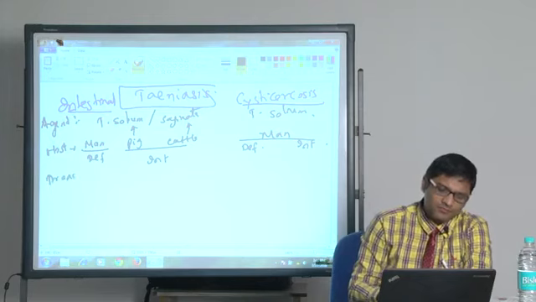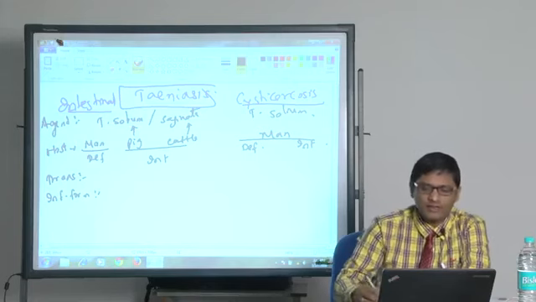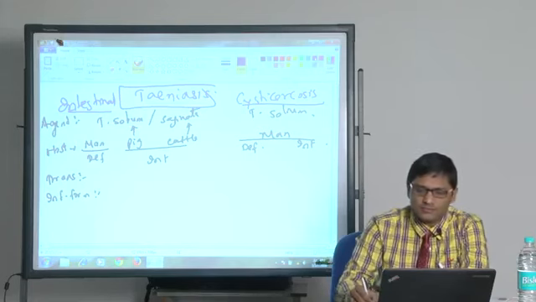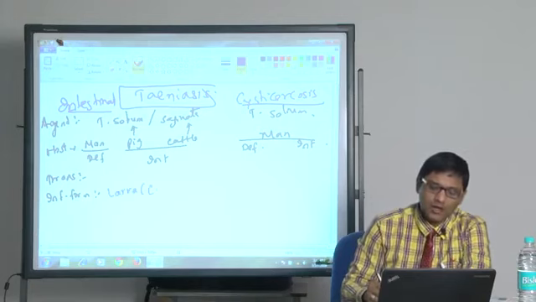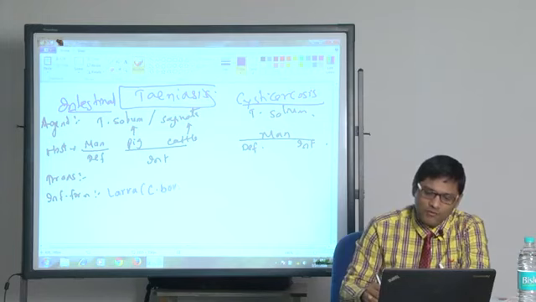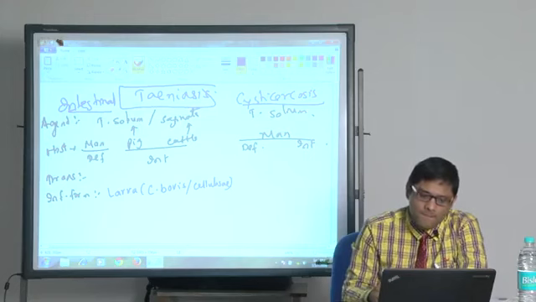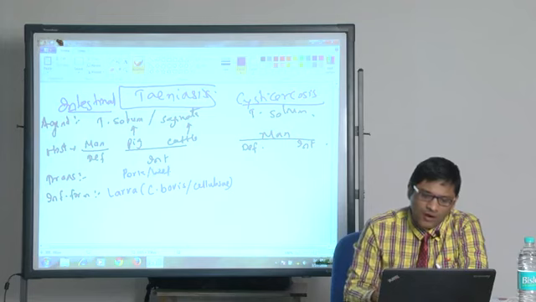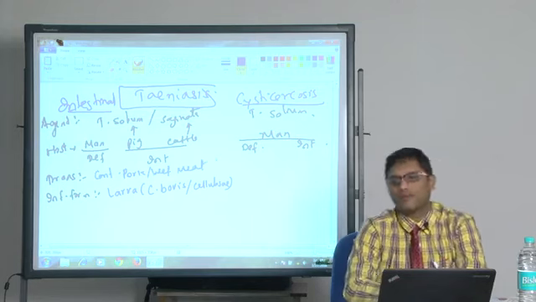Transmission and infective form. Infective form for intestinal taeniasis is larva. Larva means what? Cysticercus, either bovis or cellulosae, present in pork or beef. So, contaminated pork or beef meat is the mode of transmission.